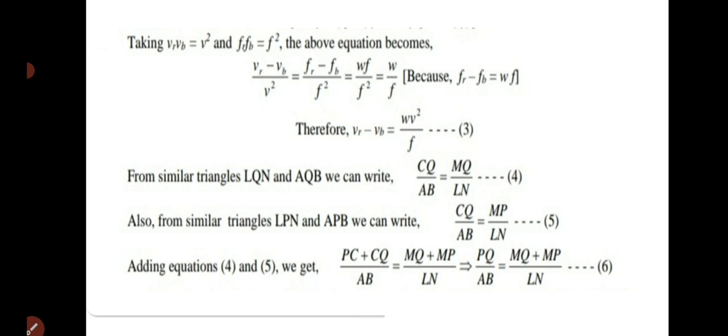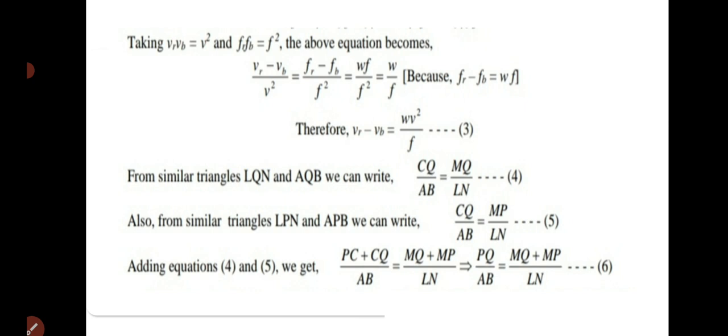From similar triangles LQN and AQB, we can write CQ divided by AB is equal to MQ divided by LN, equation number 4. Also from similar triangles LPN and APB, we can write CP divided by AB is equal to MP divided by LN, from the figure, equation number 5.